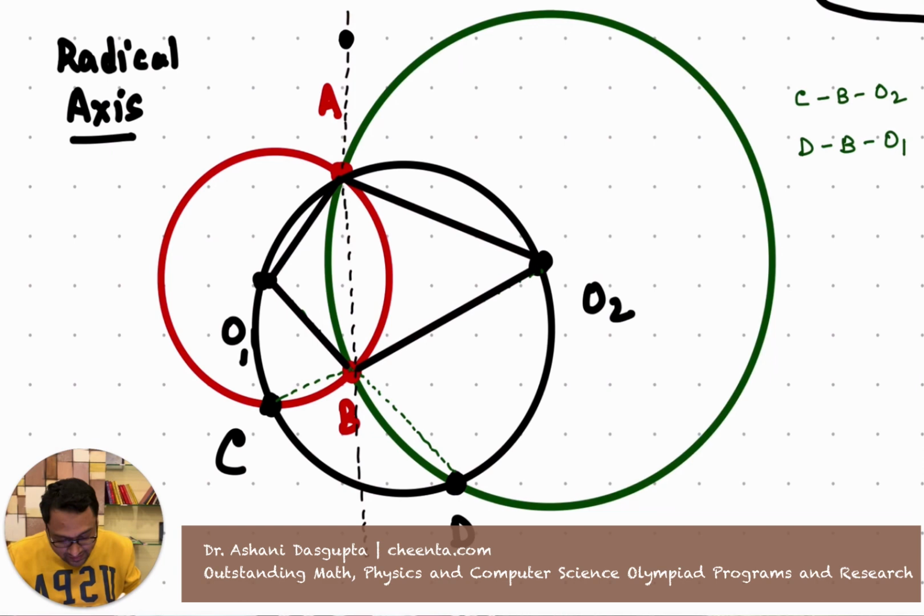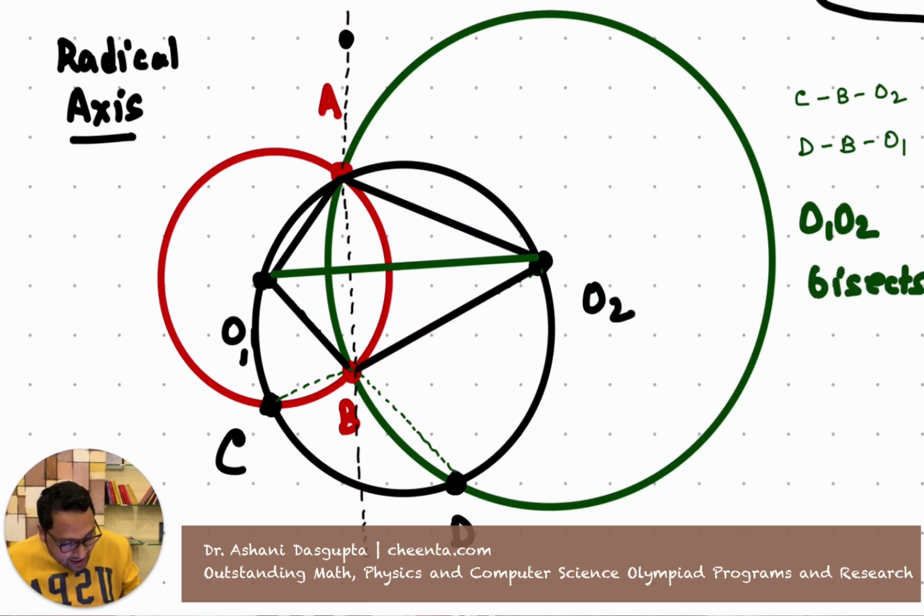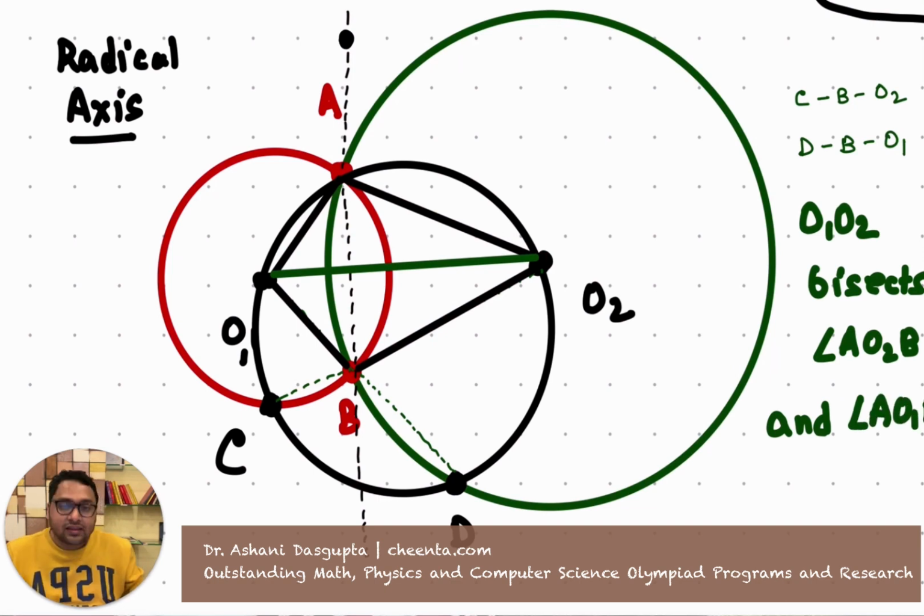My first claim is that O1O2 bisects angle AO2B, and of course angle AO1B. In the comment section, can you tell me why that is true? This is a very simple triangle congruence kind of argument. So you should be able to tell me why it is true that these two angles are equal.